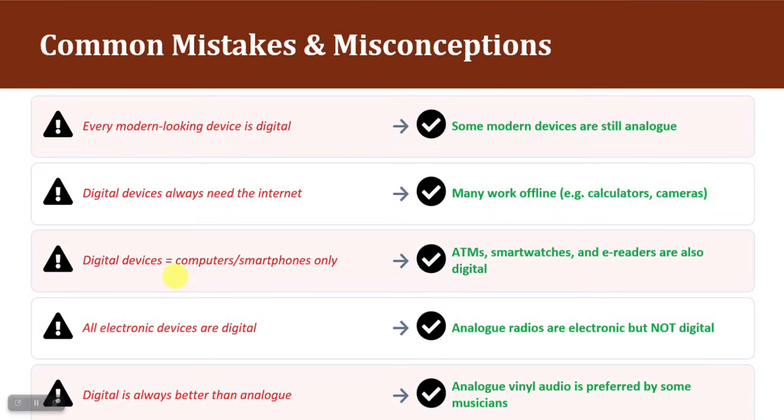Misconception three, digital devices means only computers and smartphones. The truth is, ATMs, smartwatches, and e-readers are also digital devices. Misconception four, all electronic devices are digital. The truth is, analog radios are electronic, but not digital.